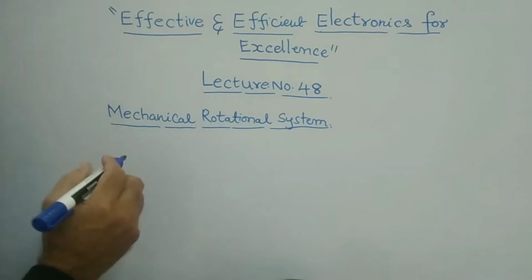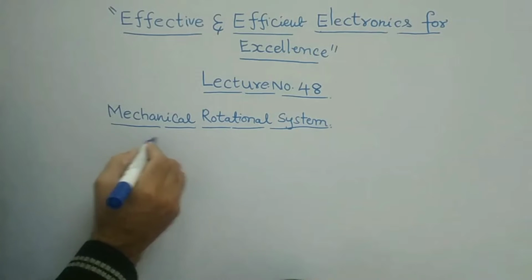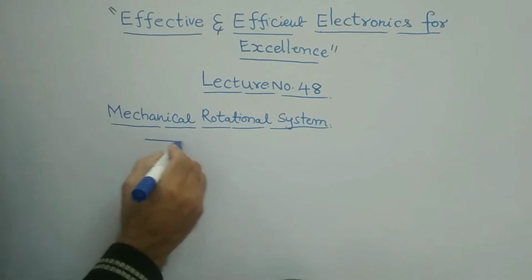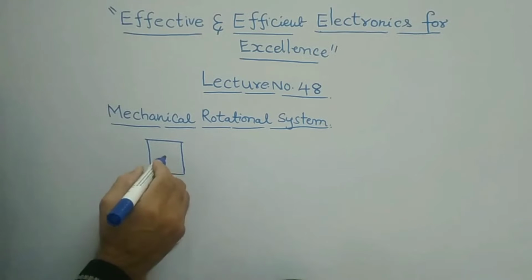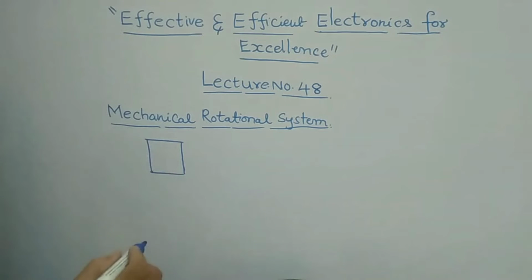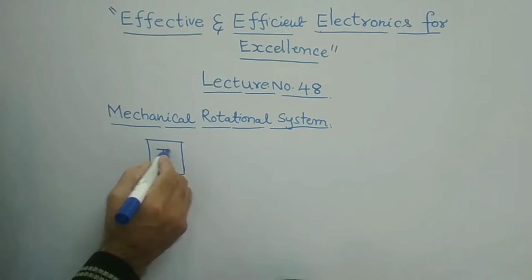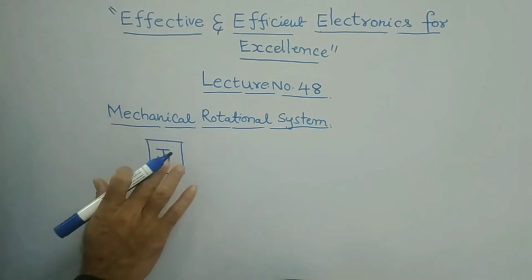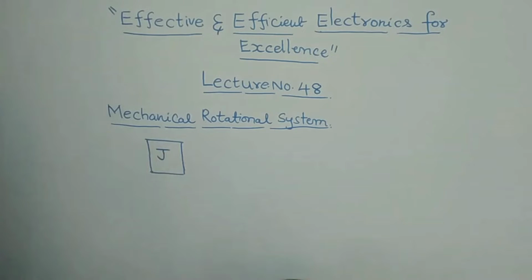Here also we have various mechanical elements. The first one is the mass element, and the mass of this mechanical element is represented by the moment of inertia J. J is the moment of inertia.